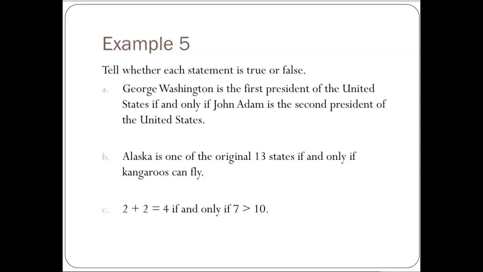So this means that if George Washington is the first president of the United States, then John Adams is the second president of the United States. It also means if John Adams is the second president of the United States, then George Washington is the first president of the United States. Okay, so since both of those statements are true, we know that this is going to be true.